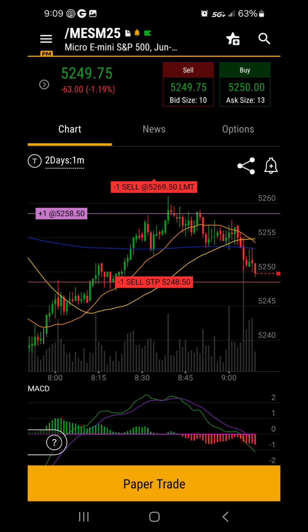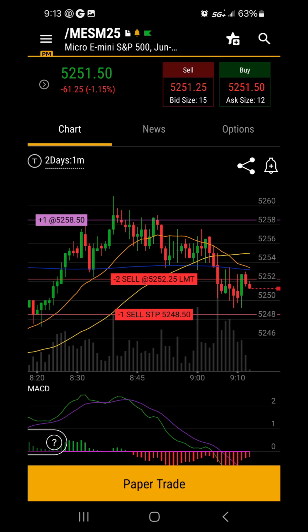And I chose to do it this way. When it bounced up here and then started to drop again, the third candle back there, I changed my limit order here.